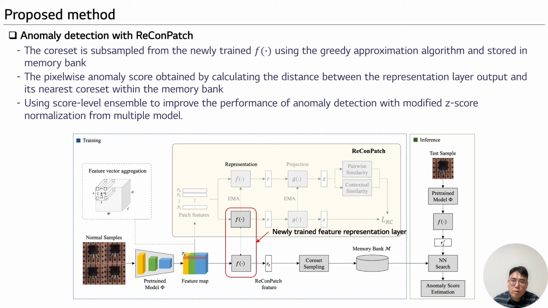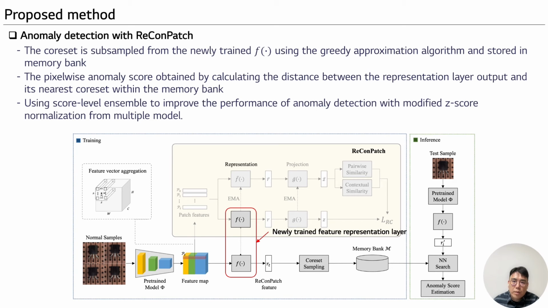Anomaly scores are calculated in the same manner as in the case of PatchCore. After training, the coreset is subsampled from the newly trained feature representation layer using the greedy approximation algorithm and stored in the memory bank. The coreset takes a lot of the representative features, which are used to compute the anomaly score.